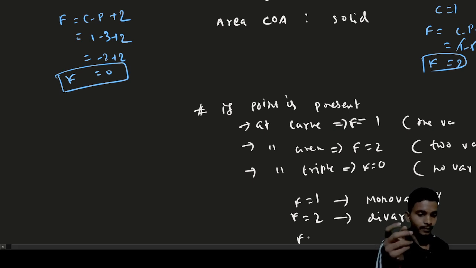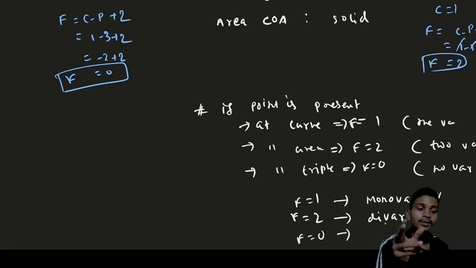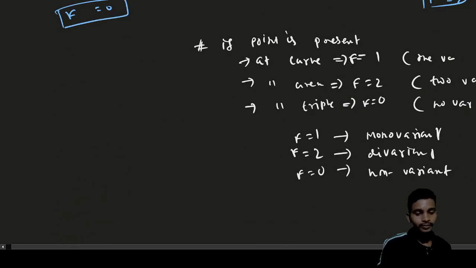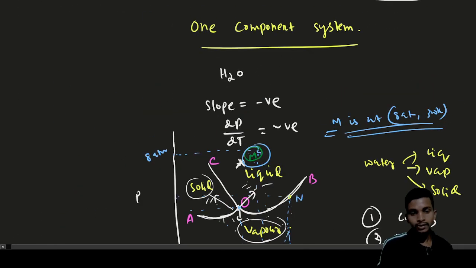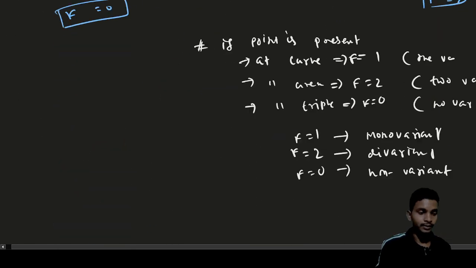And if F equal to 0 for triple points, then zero variables needed, that is called non-variant. Non-variant means no variable is needed. Okay, so this is the case for water.